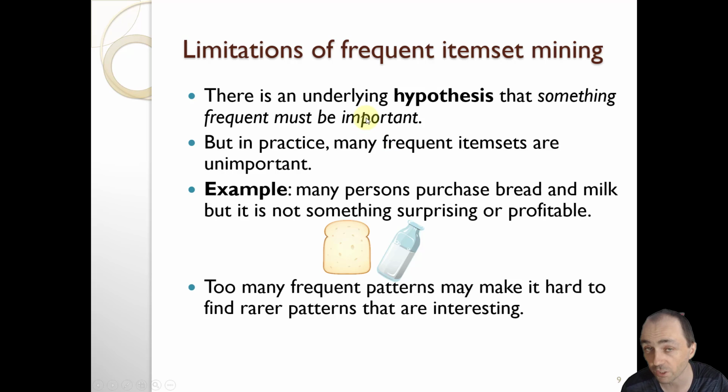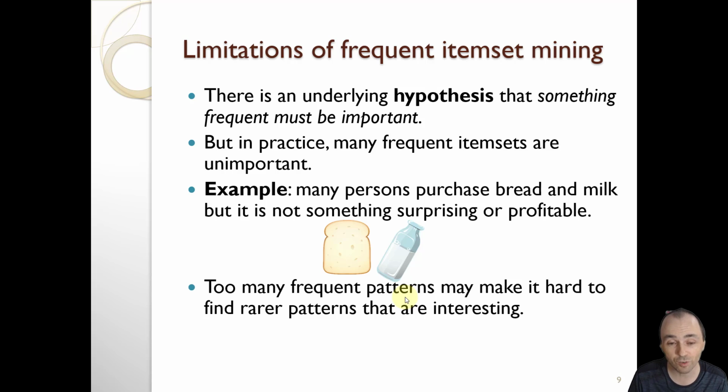For example, in a store, some products like bread or milk, so many people will buy these products. So maybe you will find a lot of patterns in shopping data with bread, milk, and other products together. So maybe these patterns are too frequent, and there will be a lot of frequent patterns.